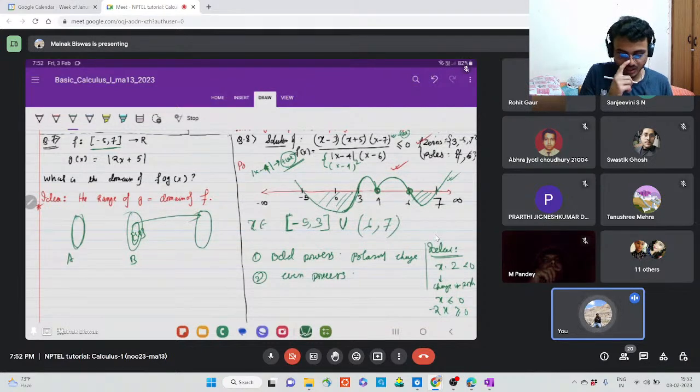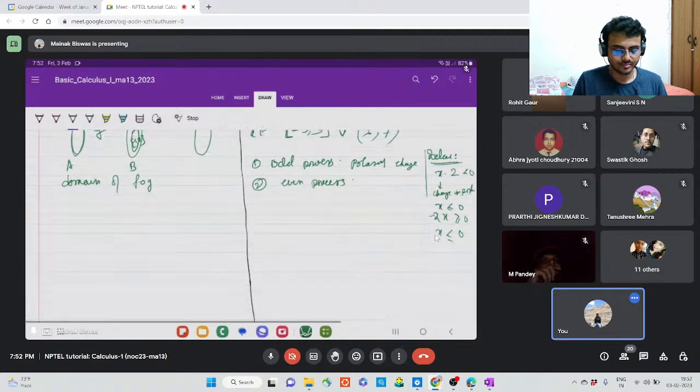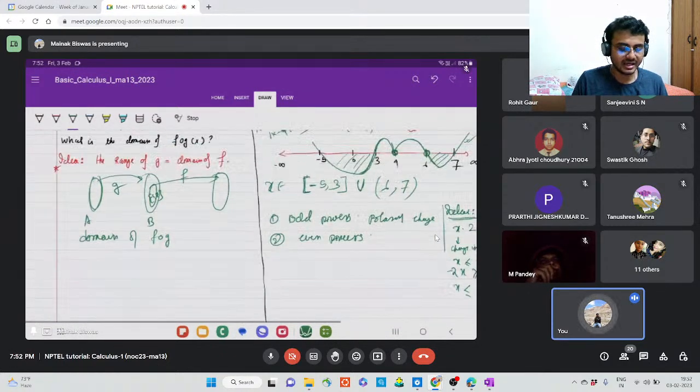And you're mapping this using f, and from set A you're mapping through G. So you need to find the domain of f of G. What is the domain of f of G? How will I do it? Any idea?